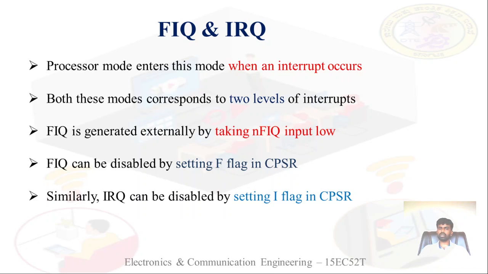By setting F equal to 1 in the control field, we can disable FIQ interrupts. Similarly, IRQ, the normal interrupt request, can be disabled by setting the I bit in the CPSR. Again, in the control field of the CPSR, there is an I bit. If you set I equal to 1, that IRQ can be disabled. So this is about FIQ mode and IRQ mode.